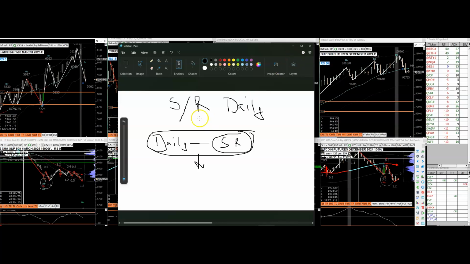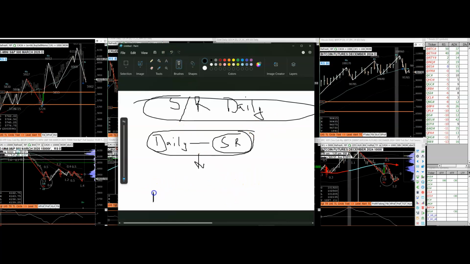Anyway, so first thing is support and resistance on a daily chart. Extremely important, all right, because it puts everything into play. Everything starts to make a lot more sense, and the trade's kind of set up. What you don't want to do is just focus on a pattern.